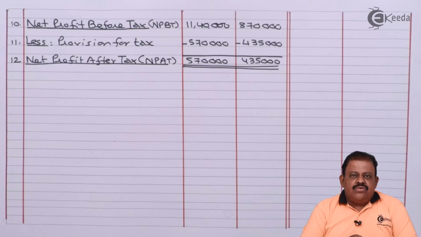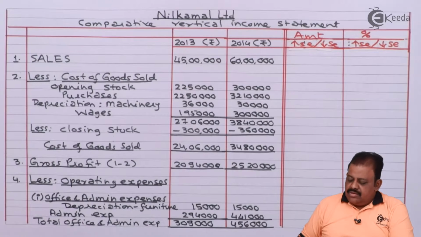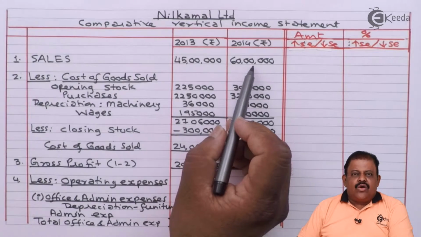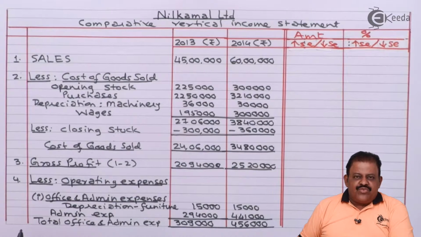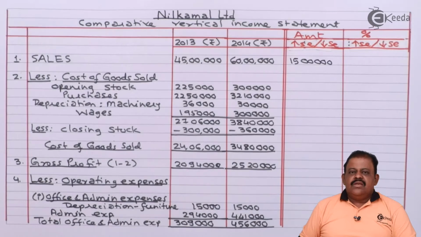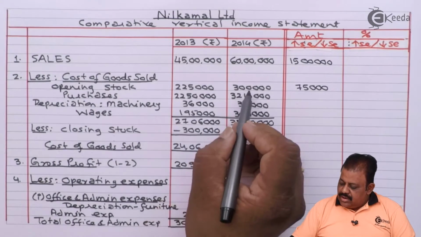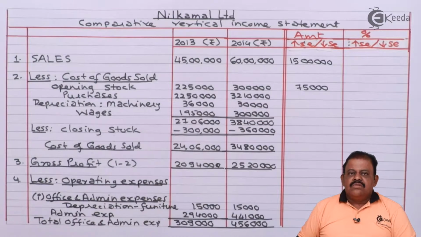Now we'll find out absolute increase or decrease between 2 years. What we are required to do is, from the figure of second column, we'll be deducting figure of first column. If we get positive figure, it's increase. If it's negative, it will be decrease. Increase 15 lakhs. Opening stock 3 lakh minus 2 lakh 25,000.